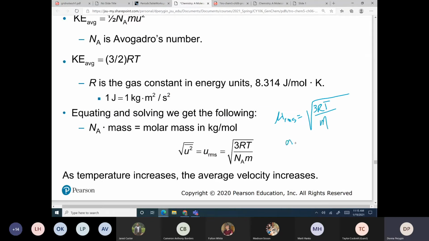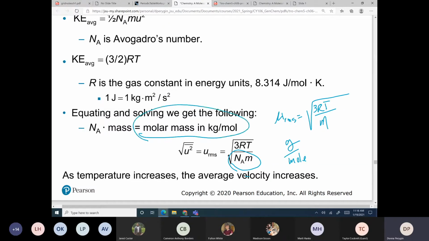And remember, molar mass is in grams per mole, right? So if you use Avogadro's number and the mass of the particles, then you can convert to Avogadro's number times the mass, and that's going to give you the molar mass.